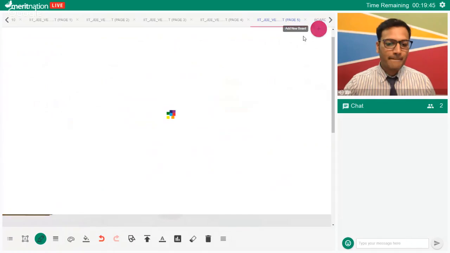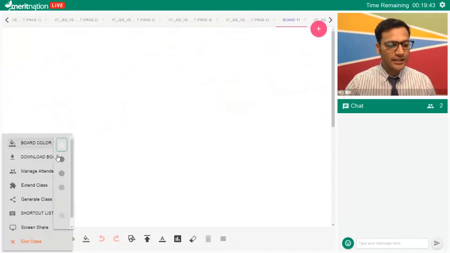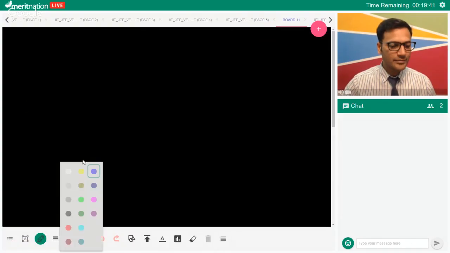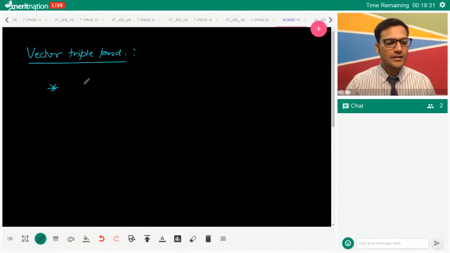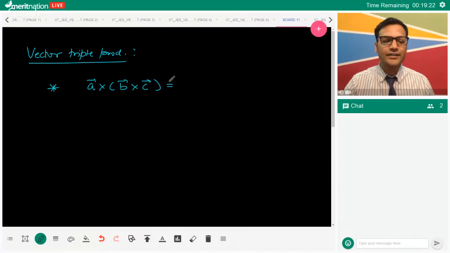Now, if I talk about vector triple product, we all know, just for the sake of quick revision of the formulas, A cross B cross C, right? So this vector triple product is being expanded in what form? We take the dot between A and C, we get a scalar.